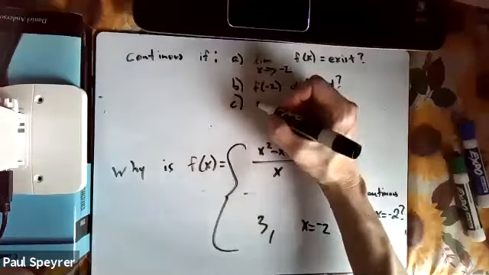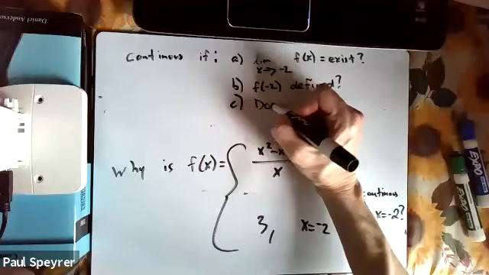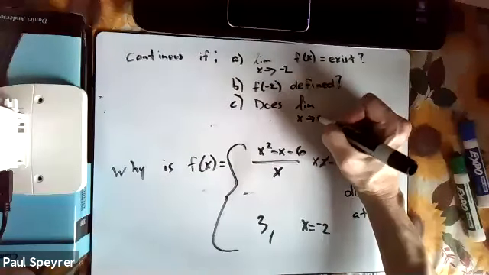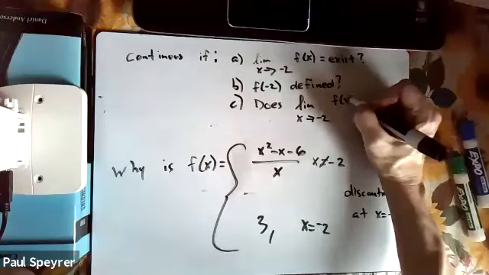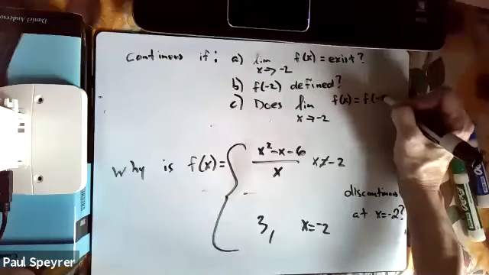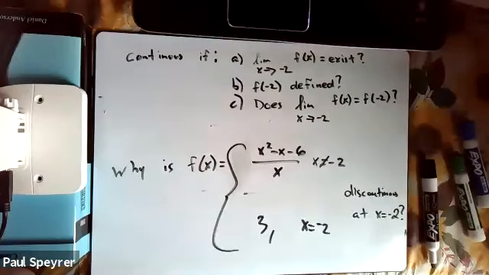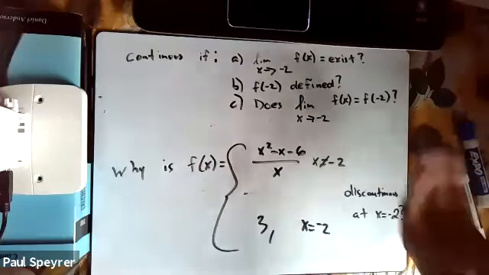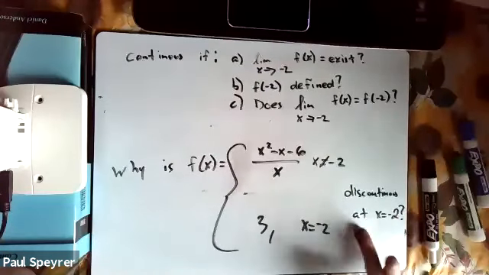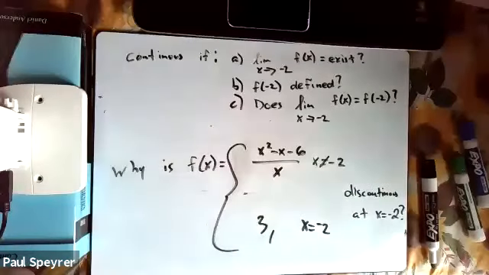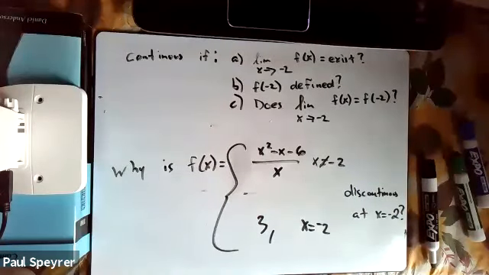And the third condition was, does the limit as x approaches -2 of f of x equal f of -2, right? They had to be equal right there. So it's failing one of these. Why? At least because why? It's asking why it's discontinuous. It's not going to ask us why it's discontinuous and it turns out to be continuous. So one of these is not working out and we just need to figure out which one it is.